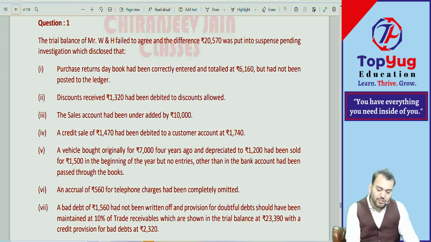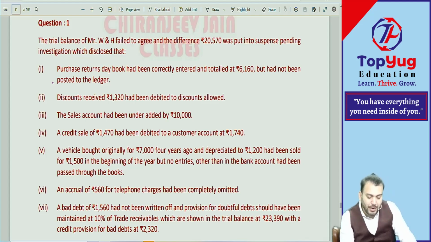The trial balance of Mr. W and H failed to agree, and the difference of 20,570 was put into suspense pending investigation, which disclosed that point number 1: the purchase return day book has been correctly entered and totaled at rupees 6160 but has not been posted to the ledger. This is the second stage, because the suspense account is not yet closed and the final account is not yet prepared. Understood?